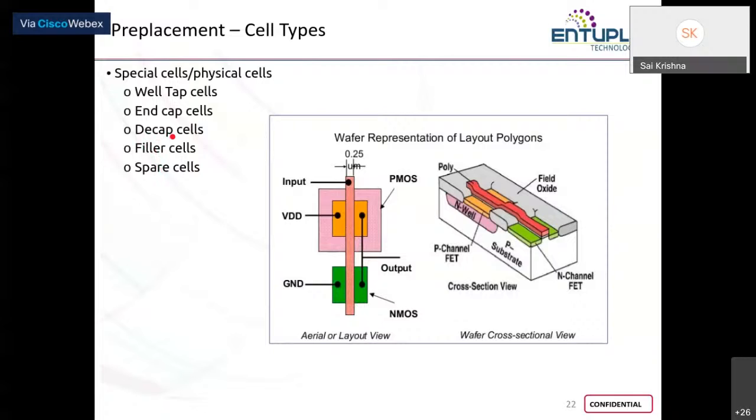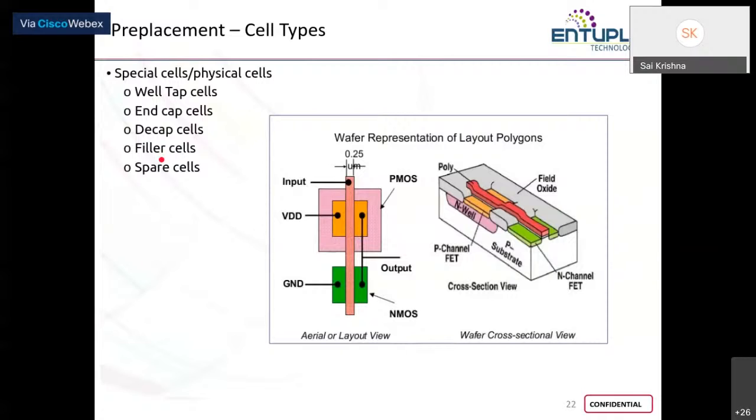Then decap cells, as the name itself indicates, decap. They avoid the excess capacitance between any two components. Then filler cells are just dummy cells that do not have any functionality, but they just have a material filling. Because of that, there are gaps. If you recollect the pictures you saw earlier with utilization, you will see gaps here and there.